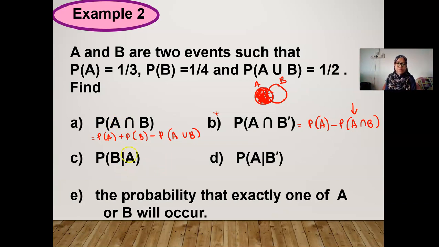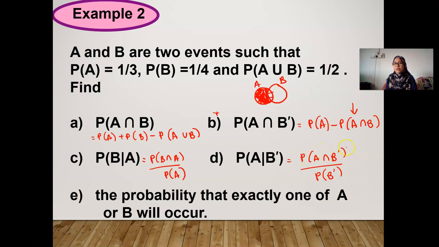Okay, C, P(B given A) by using the formula. So P(B intersect A) over P(A). This is very easy. You just substitute the value. And P(A given B') is equal to P(A intersect B') over P(B').